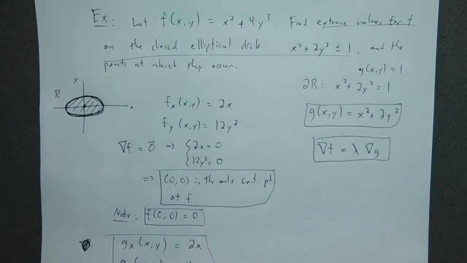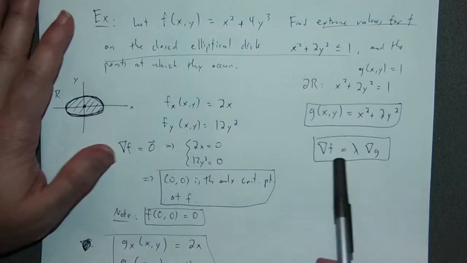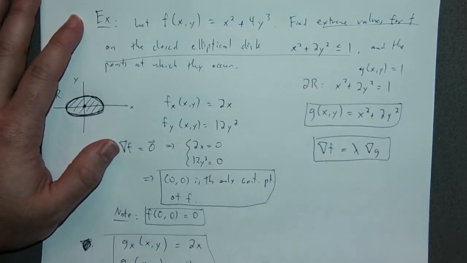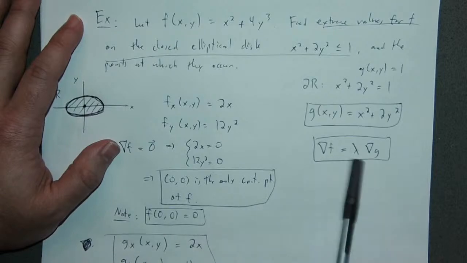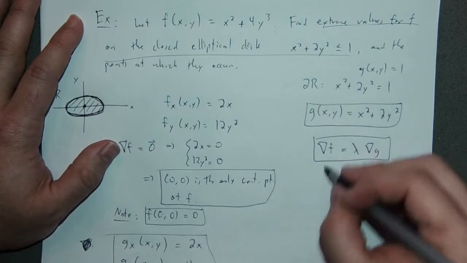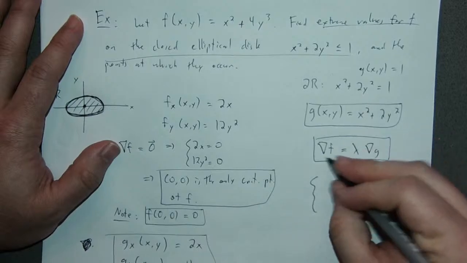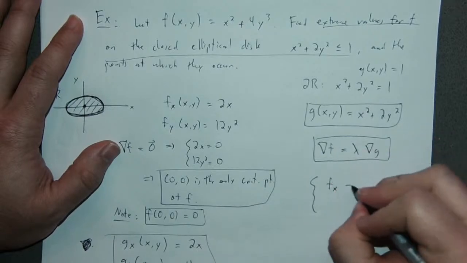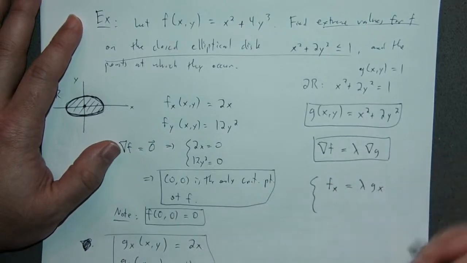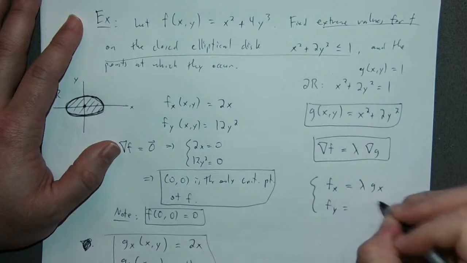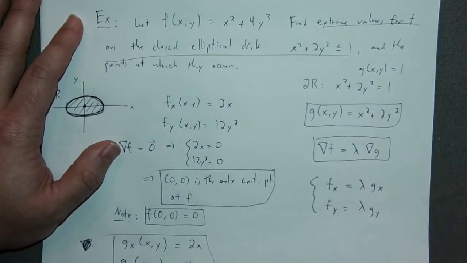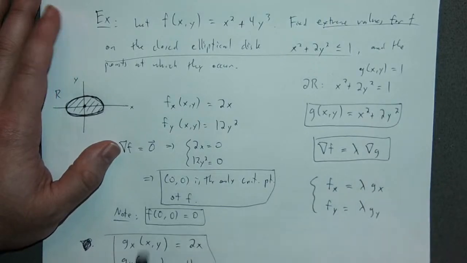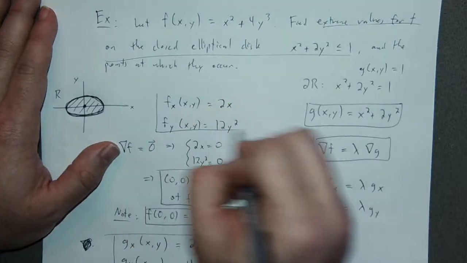And so, writing out these Lagrange multiplier equations, what do I get? Gradient of f is equal to lambda times gradient of g, which means the x partial of f is equal to lambda times the x partial of g, and the y partial of f is equal to lambda times the y partial of g. Those are the equations I get. I can actually write those out, though, because I've already computed these things.